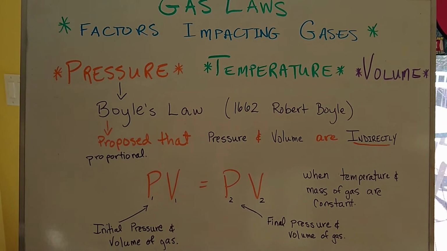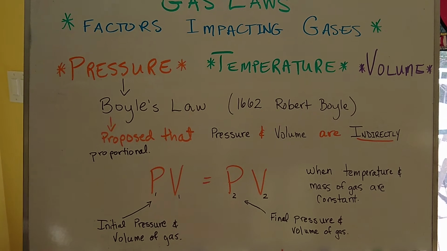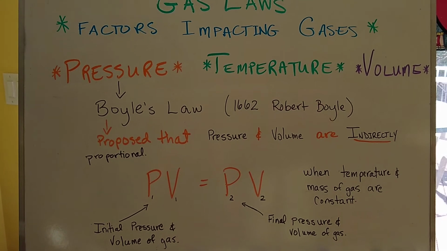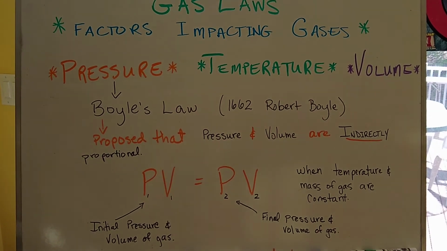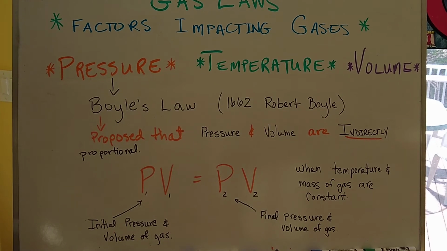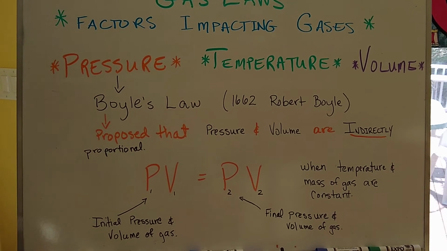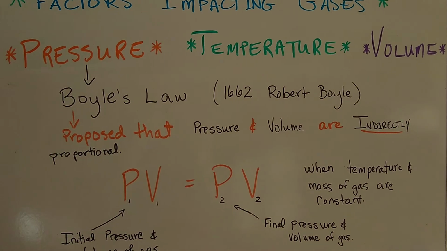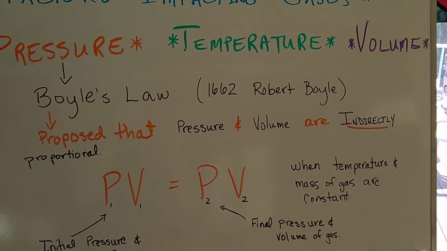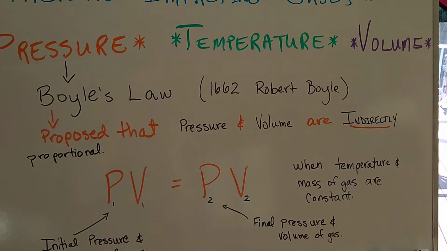The first law is called Boyle's Law. This was proposed by Robert Boyle in the year 1662, and Boyle proposed that pressure and volume are indirectly proportional to each other.